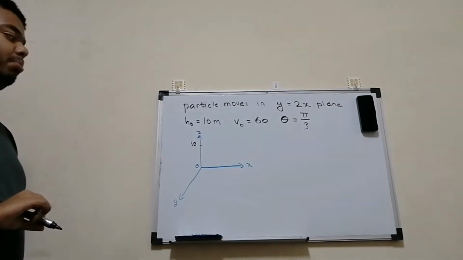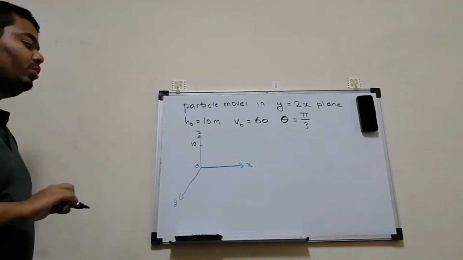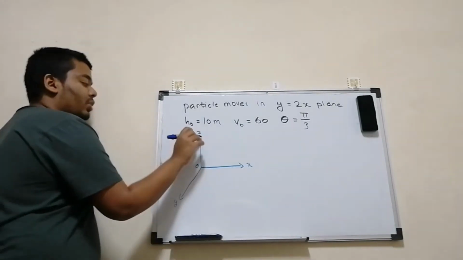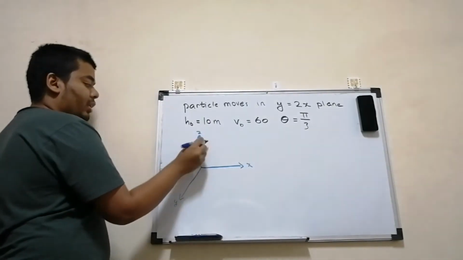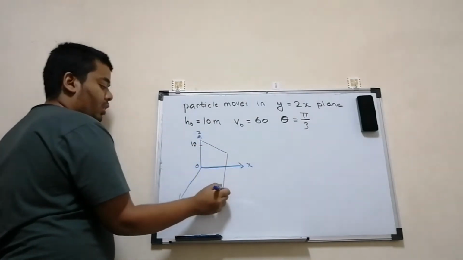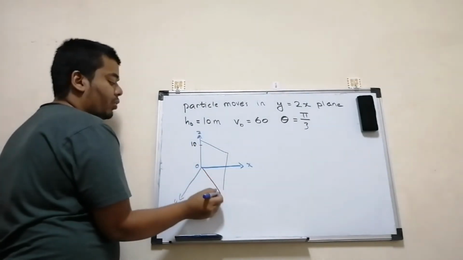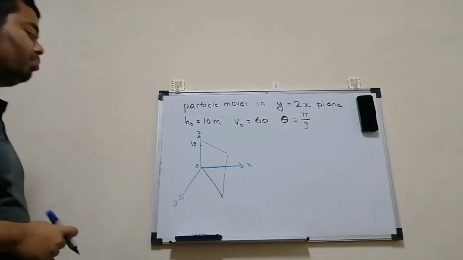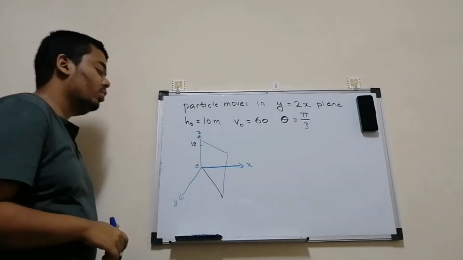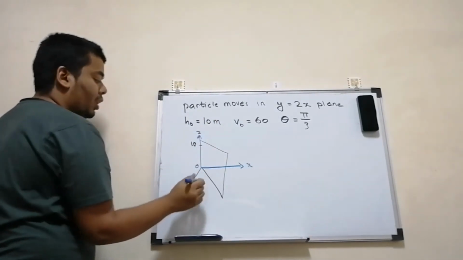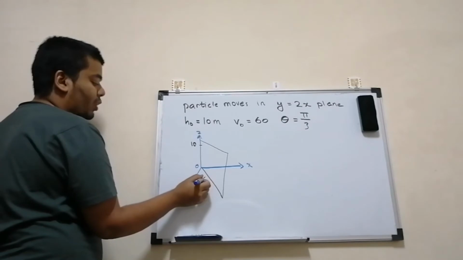It moves in the plane y is equal to 2x. So now the plane y is equal to 2x looks something like this. The baseline, these two lines of the plane, are given by the equation y is equal to 2x.